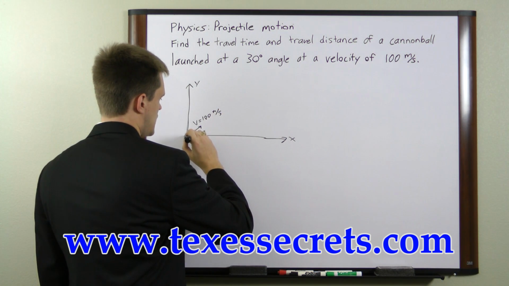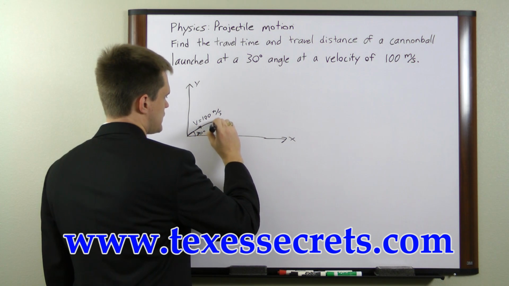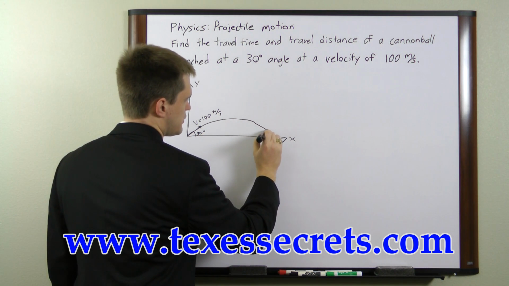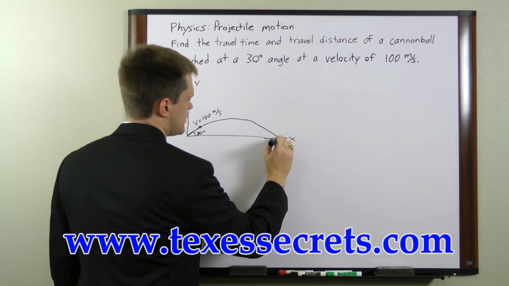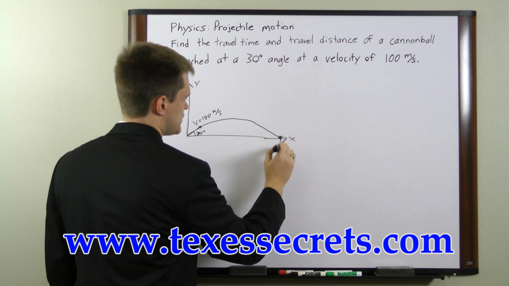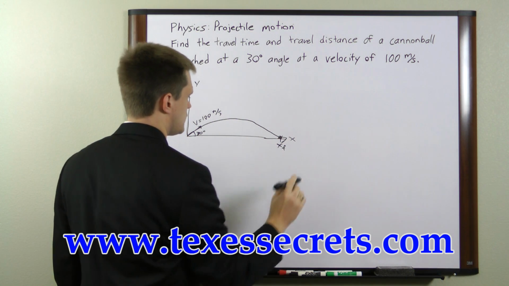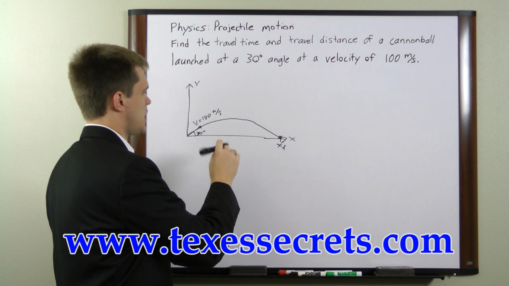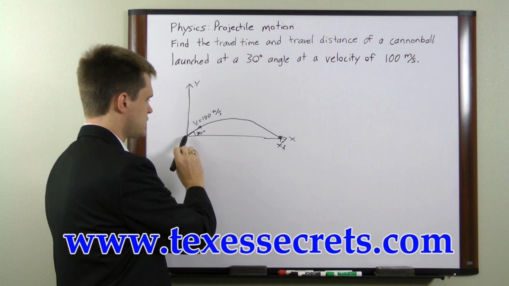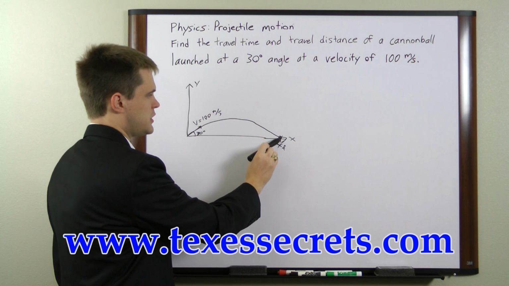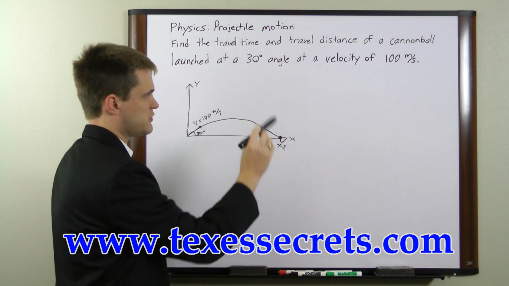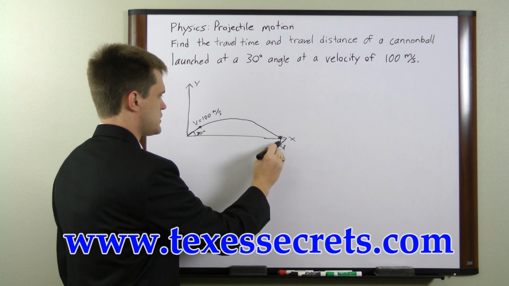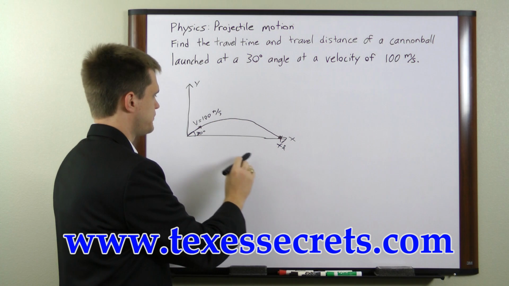And the path of the cannonball is going to look like this. It's going to come up, level out, and then come down and impact at some distance x final. And so what we're asked is to find the travel time, or the time it takes, to get from here to here, as well as the travel distance, or essentially x final.